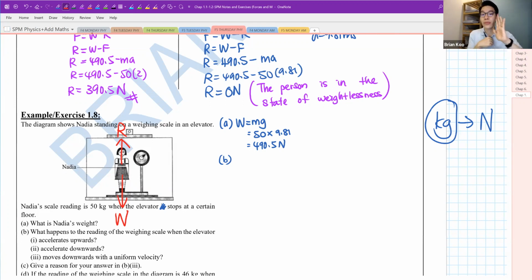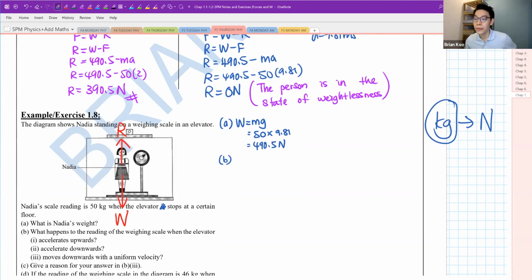Or else, if there's nothing supporting my hand, I would just fall into the wall. So you need to understand that the wall is also supporting my force. Therefore, I don't fall into the wall. I will just touch the wall like that only, and then the wall will also support back. That reaction force is normally called R. So there's a weight, and then there's also a normal reaction.